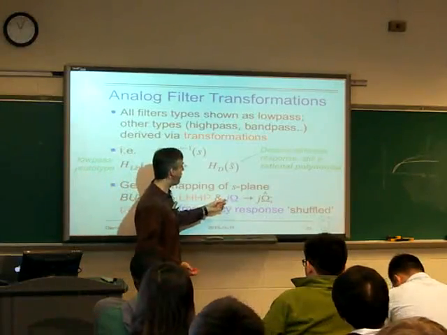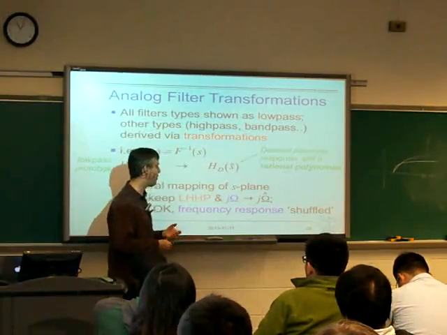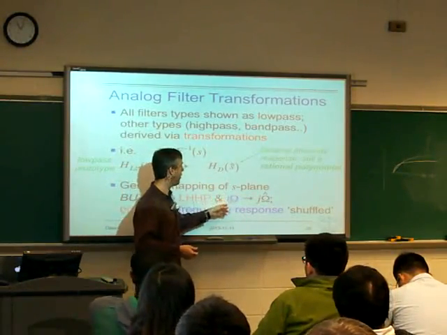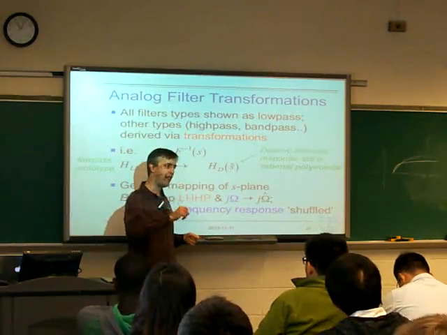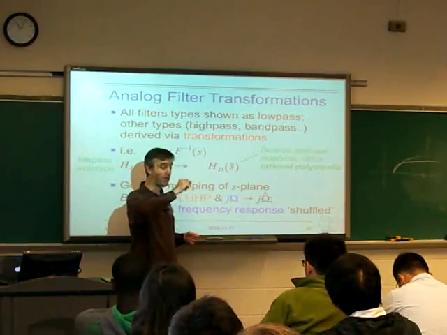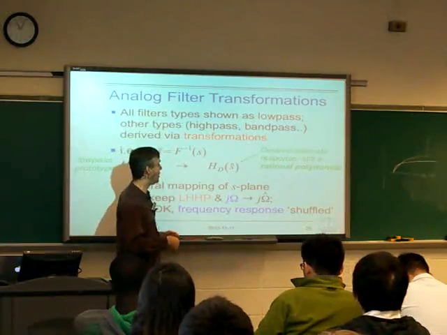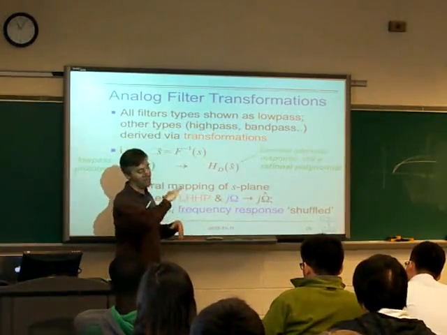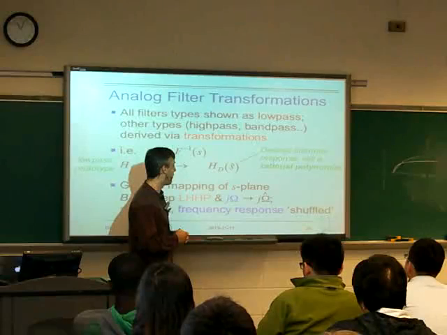And we want the frequency axis to map to the same frequency axis. So we want all the points for s equal j omega to keep these values of magnitude response that we've carefully constructed. They've got this particular property that they have equal-sized ripples, if it's one of those filters, or they have monotonic decline for the flat parts.